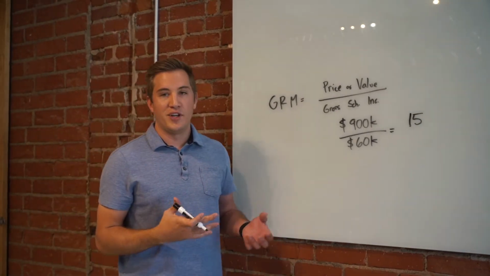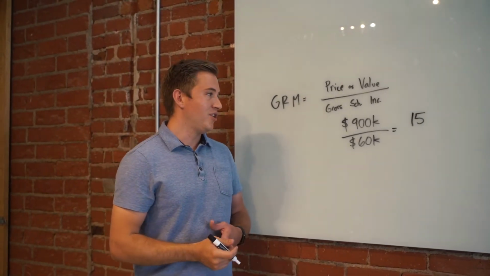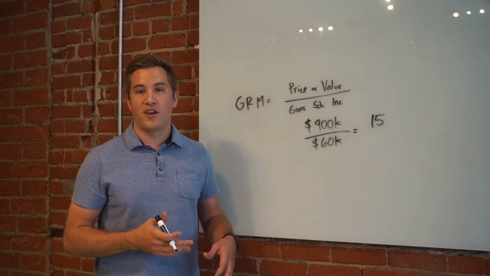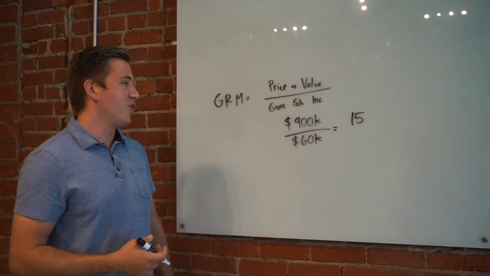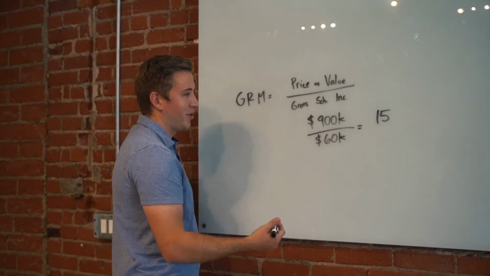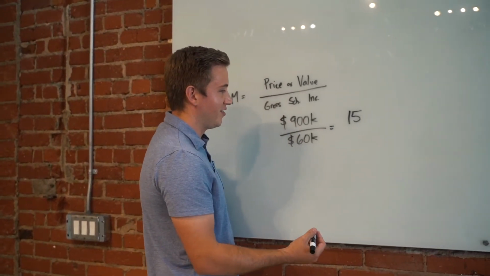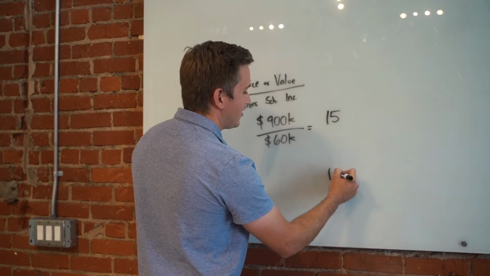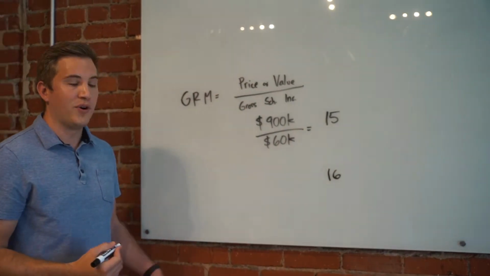And this is great, but it doesn't really mean anything to us unless we know what other properties in the same market are trading for on a gross rent multiplier basis. So if we were looking at this property and we saw another property down the street that was for sale that was priced at 16 times gross, well, what does that mean now?